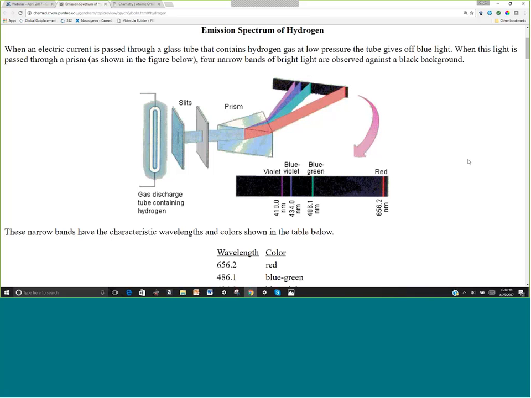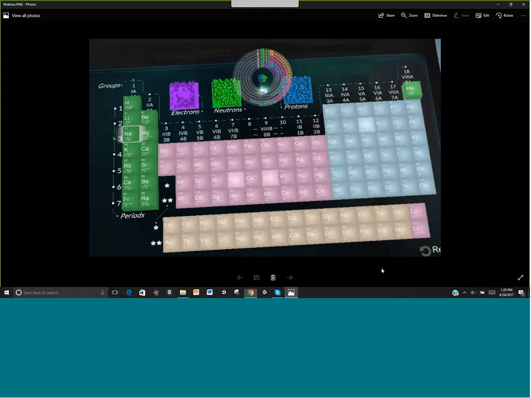Each line spectrum is characteristic of each and every element on the periodic table, and as citizens, we're used to experiencing this in fireworks displays. So atomic orbitals and quantum numbers define the regions and the arrangement of the periodic table.